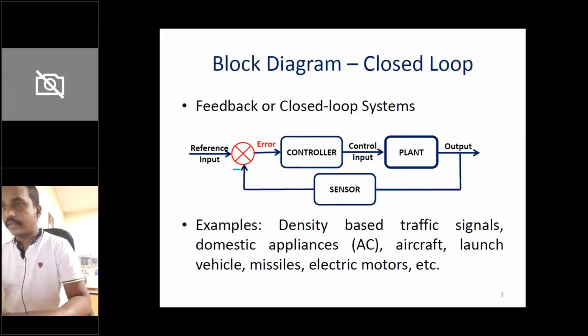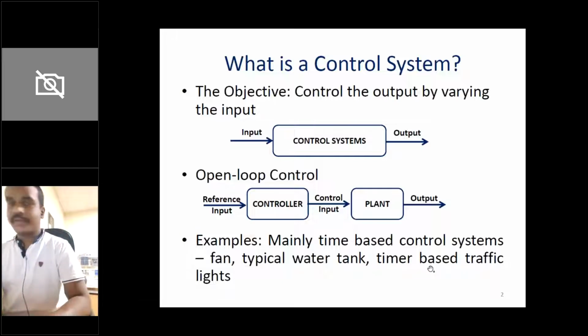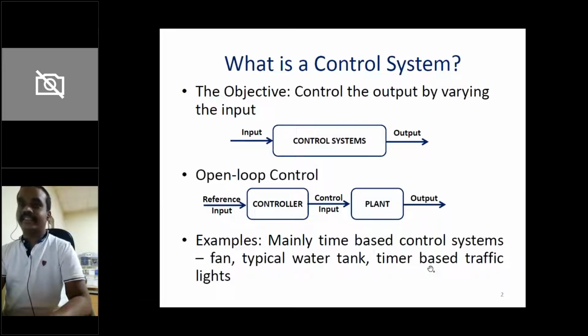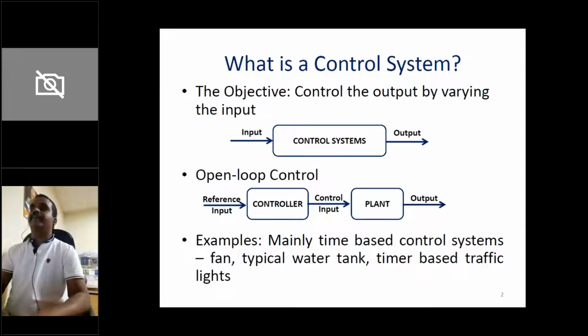Sorry for the disturbance. The time-based traffic control does not take care of the density. For example, if the density is more on one particular road, then the green light should be given more preference as compared to the other routes. However, in typical open loop traffic lights, it is just time based.